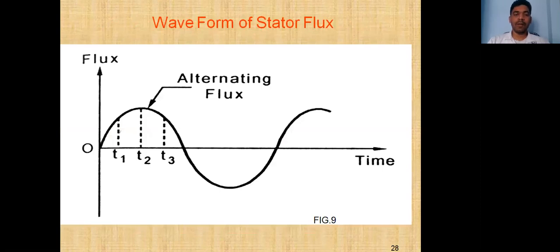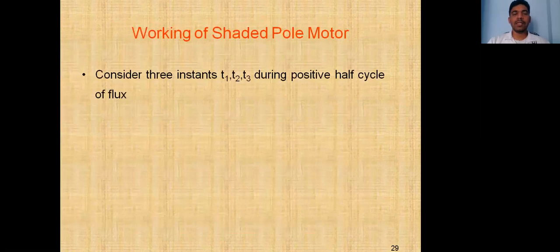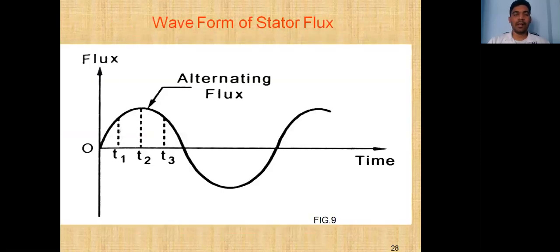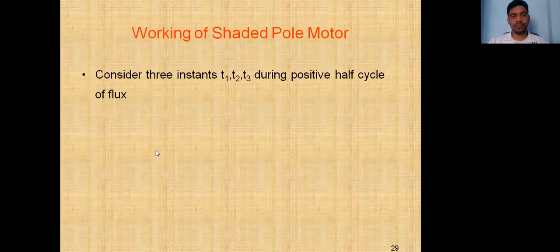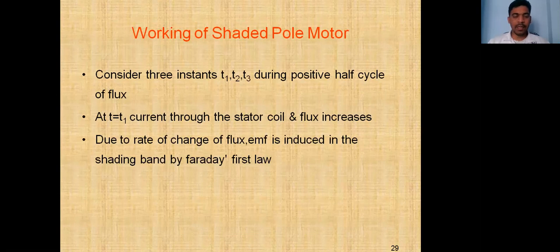Waveform of stator flux. Consider three instants T1, T2, T3 during the positive half cycle of flux. At T1, current through the stator coil and flux increases.